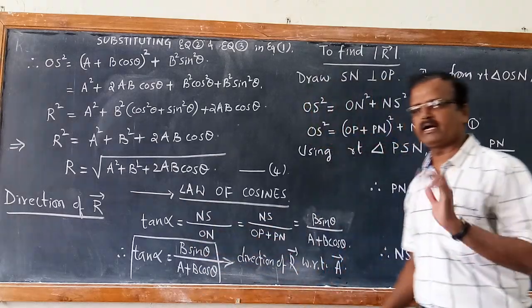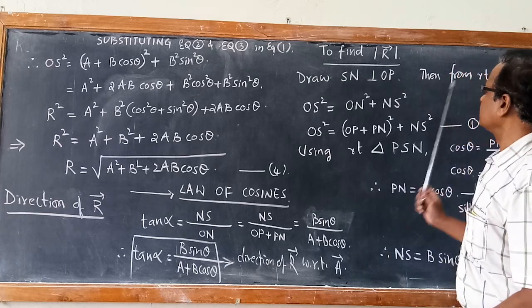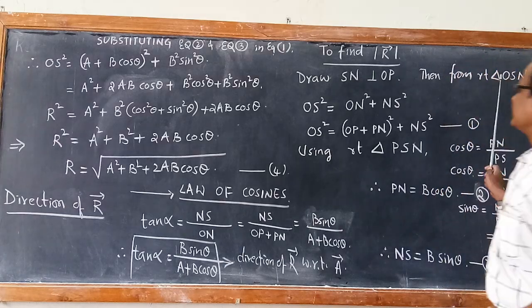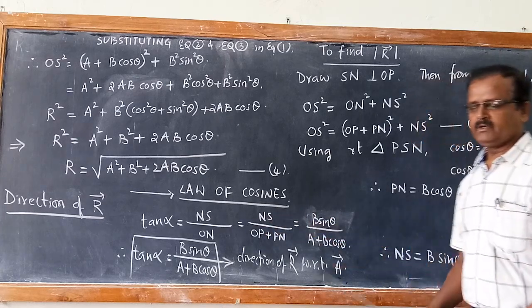Similarly, how to find out direction? To find out direction, again we make use of that original right angle triangle OSN, which we have constructed. In this, alpha is the angle. Look at the diagram.